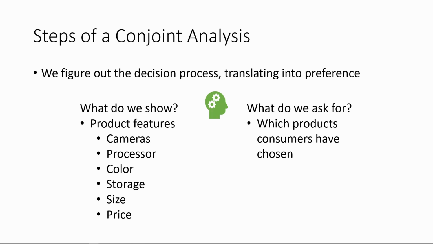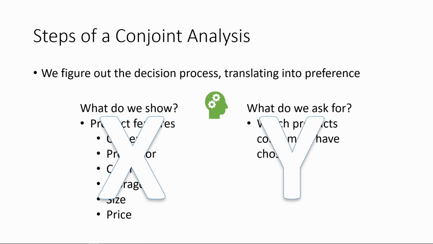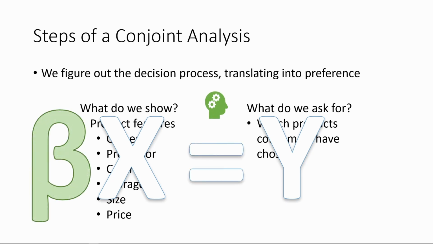And as we have talked about regression, the product features, these are the x's, or the independent variables. And we ask consumers to tell us the dependent variable, y. Then we have talked about this on regression. If we have x's and the y, we can use a regression to figure out what's going on in consumer's mind, that is the betas.